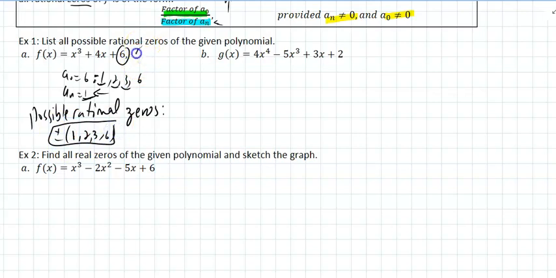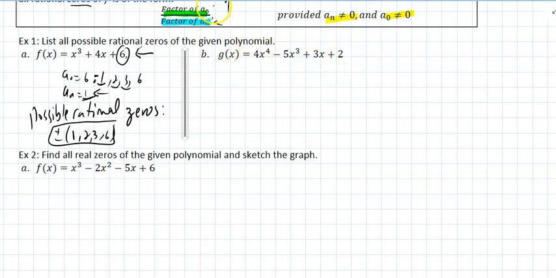Which means if this is to factor by hand, and there is a rational factor, it has to be a 1 or a negative 1, a 2 or a negative 2, a 3 or a negative 3, and a 6 or a negative 6.